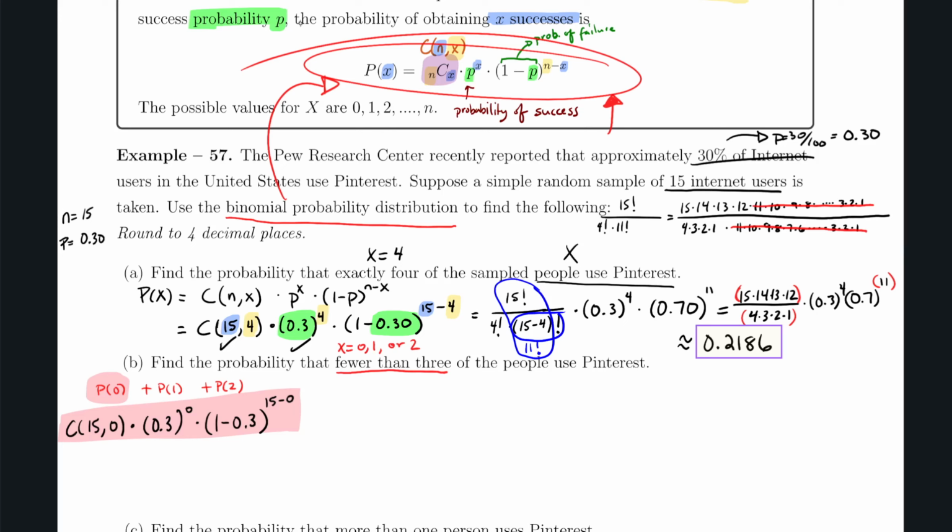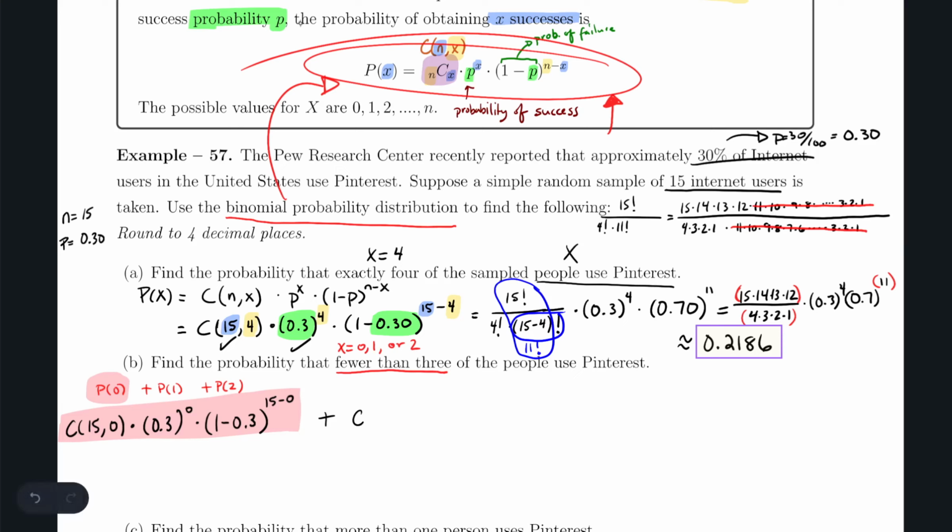Let's write out p of 1 together, and then I'll leave it to you to write out p of 2, and then all we have to do after that is simplify each term. Okay, so next up for p of 1, it's the same formula. N is the same, p is the same, except now our x value is 1.